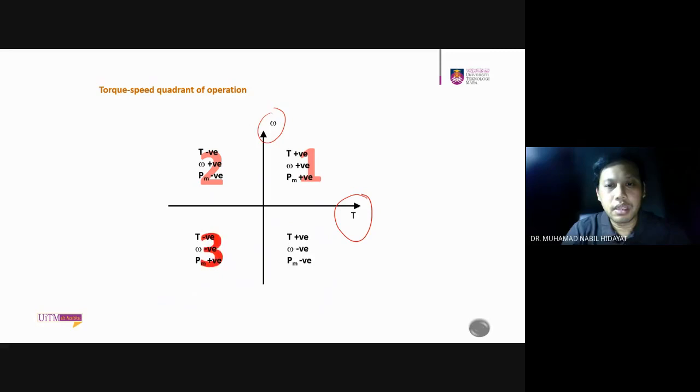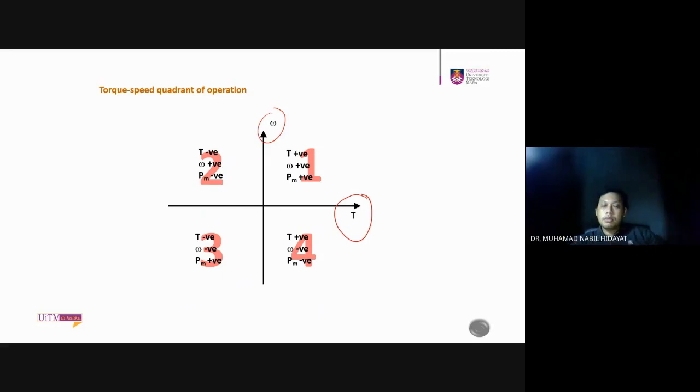Usually what we look into is the position of the speed and the torque. In quadrant 1, both the speed and the torque are positive, and the power is also positive. In region 2, your speed is positive, but your torque is negative, so power is negative. And in region 3, both are negative, so your power is positive.